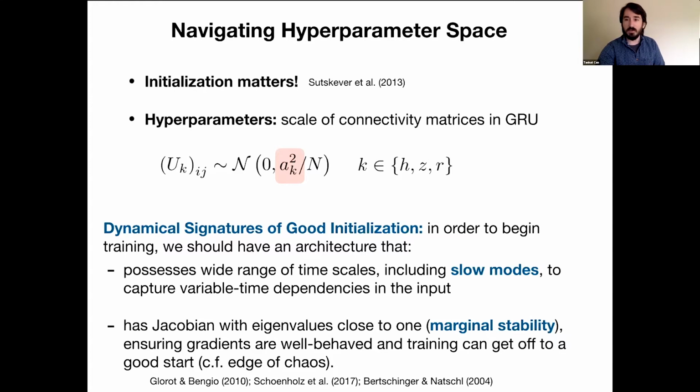And also, as we mentioned before, we want the spectral norm of the Jacobian close to 1, or simply a lot of eigenvalues of the Jacobian close to 1, so that gradients will be well behaved. Both of these items point to the state-to-state Jacobian, which I introduced earlier, as a very useful object to study. And that's precisely what we look at in our paper.